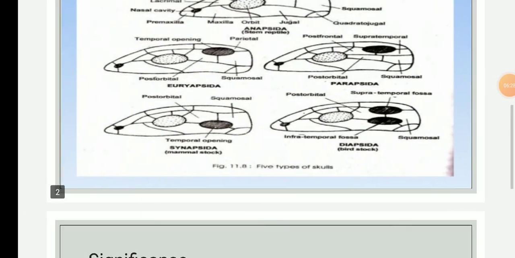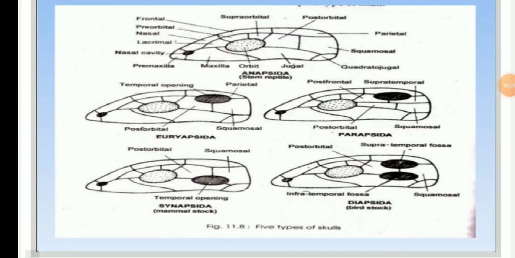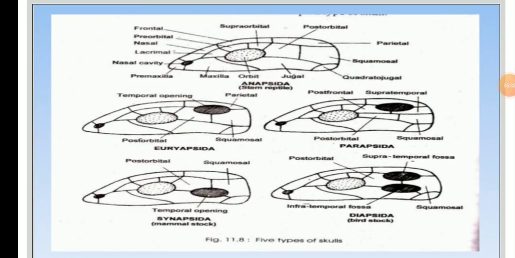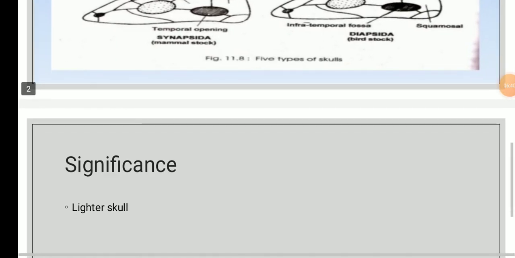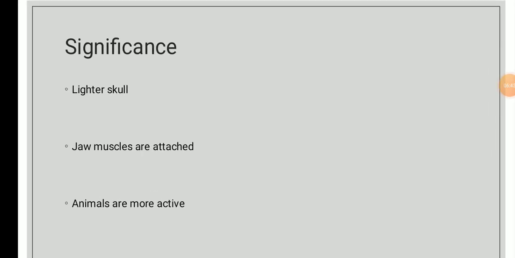So these are the different kinds of skulls which are present in reptiles. Now we'll come to the significance of this type of skull, a skull having fossae at the temporal region.